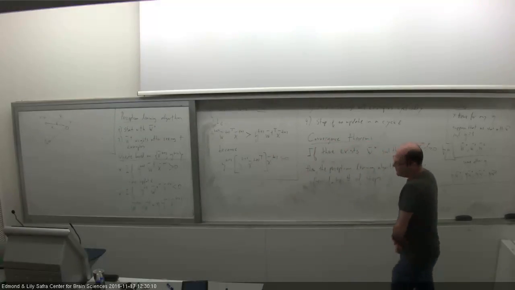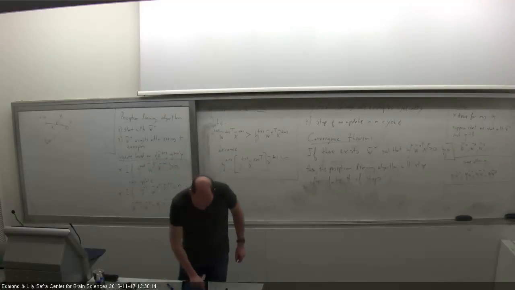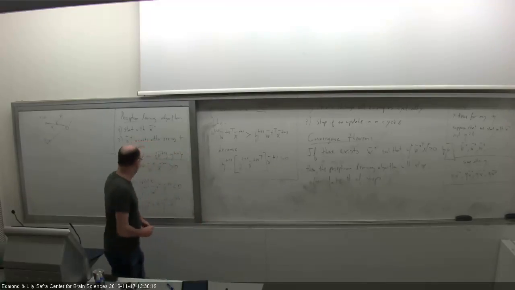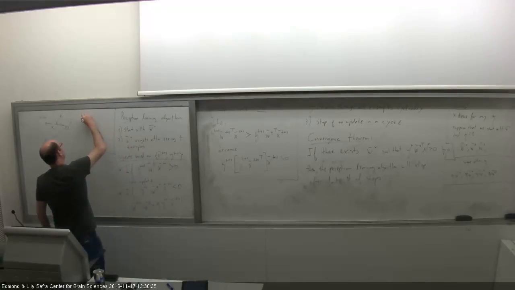All right, so now let's prove the convergence theorem. Can you repeat why it is a local learning rule? I use all the input vectors. Yes, but let me write it down.